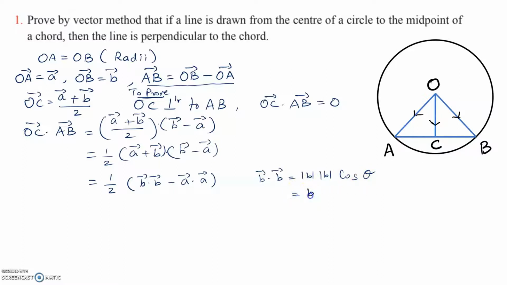So you get this as B squared. So applying that here, half into B squared minus A squared.